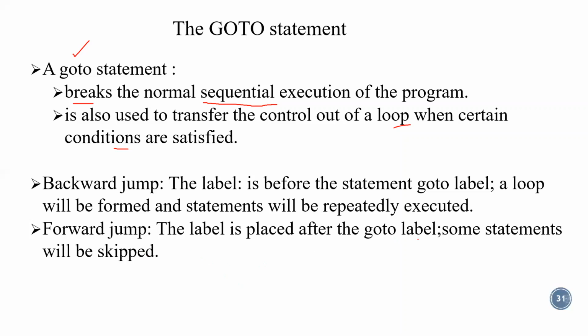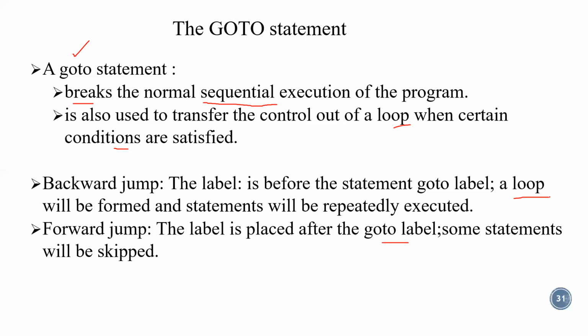That means after the goto, we will not be performing sequentially the statements mentioned below the goto label. It will be just like our decision making statements, right? It will skip a few lines and change the sequential execution of the program. When we perform a backward jump, it will act like a loop.